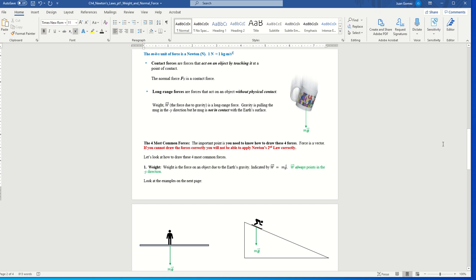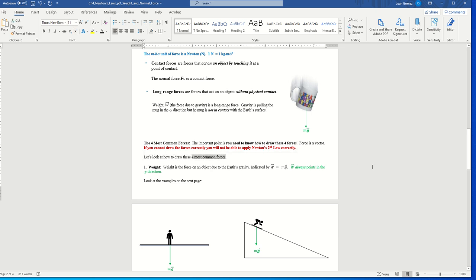How do we draw them correctly? Why? Because if we can't draw them correctly, how will you be able to apply Newton's second law? It's a vector sum. It's a vector equation. And if you can't draw these vectors correctly, how do you get them into their x and y components? So before we worry about Newton's second law, we're going to look at how to draw what I call the 4 most common forces.